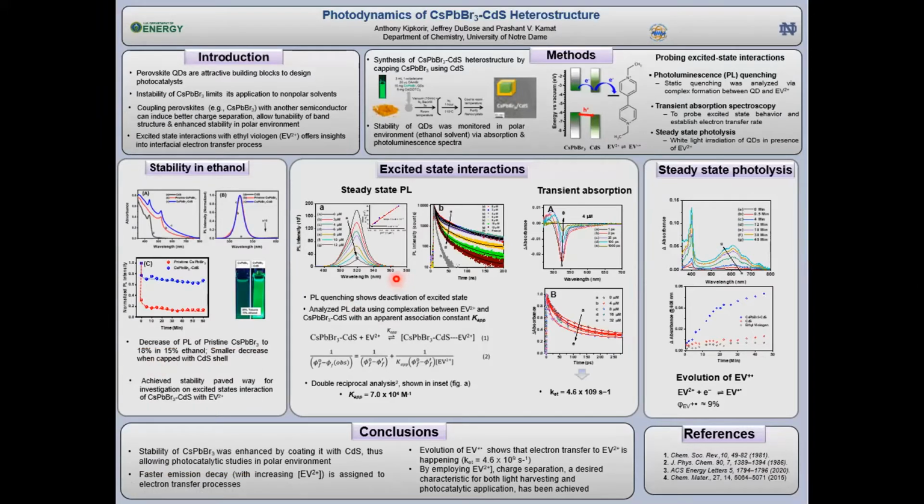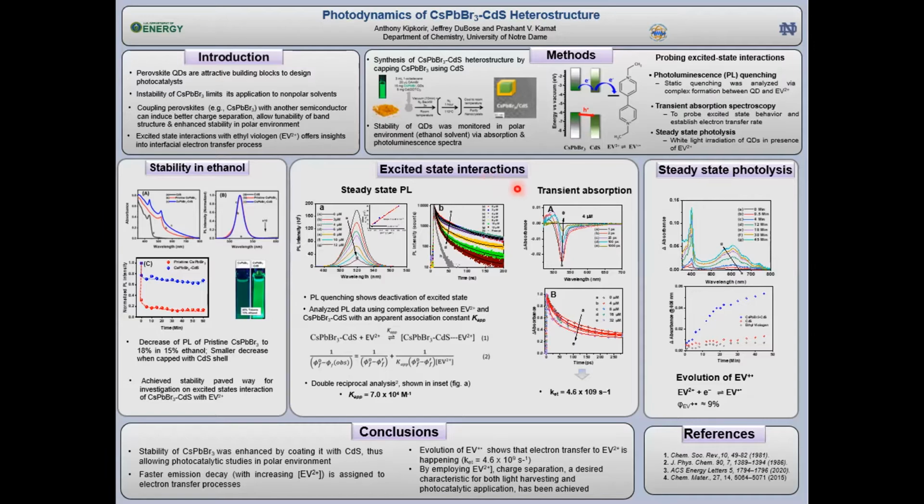So my name is Anthony Kipkorir, and I work in the radiation lab together with Jishnu under the supervision of Prashant Kamat. I'm happy to join you today and contribute to the running theme of this symposium, which has been net carbon neutrality, and show you what goes on behind the scenes to ensure this happens and even better, end up reducing the carbon footprint.